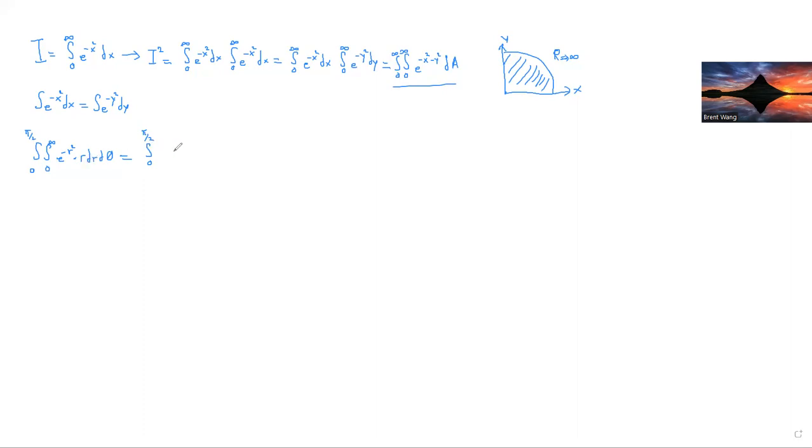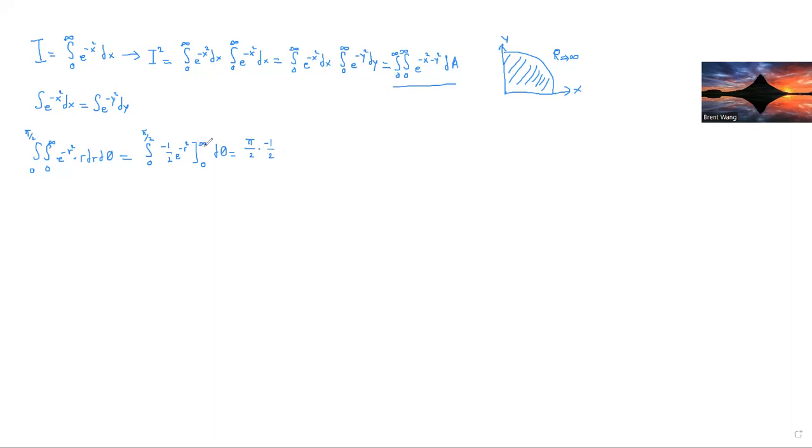That is negative 1 over 2 e to the negative r squared from 0 to infinity, and d theta, which is pi over 2, times negative 1 over 2.